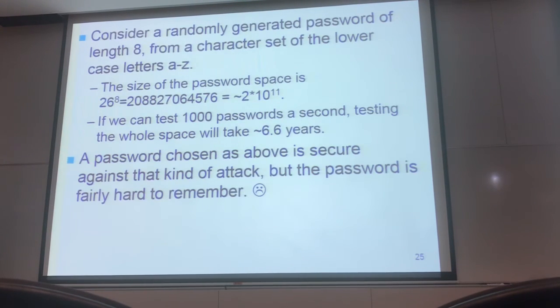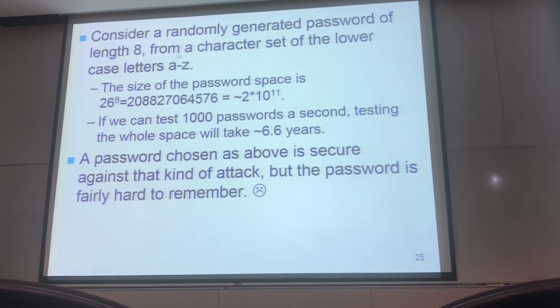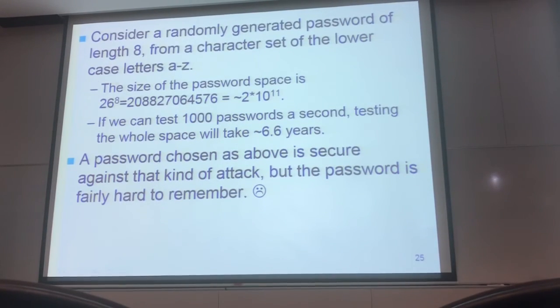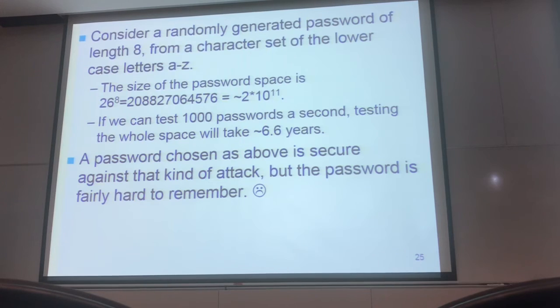To give you a rough idea, consider a randomly generated password of length 8, where each character is a random lowercase letter from A to Z. In this case, we can calculate the size of the password space, the number of possible passwords.